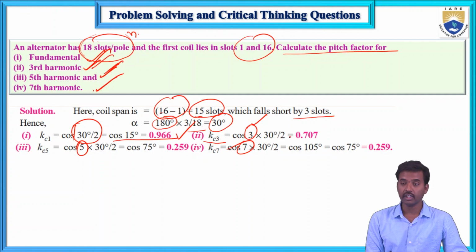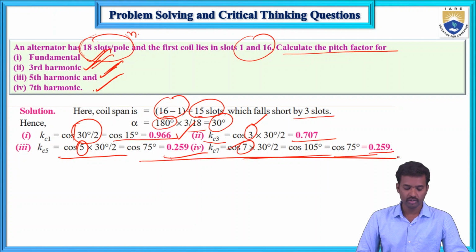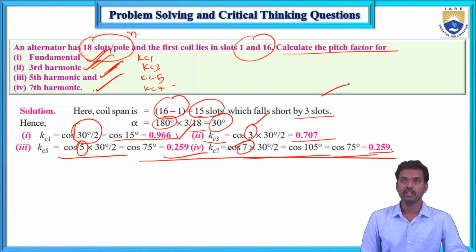So cos 3 into 30 by 2 equals 0.707, cos 5 into 30 by 2 equals cos 75, which equals 0.259, and cos 7 into 30 by 2 equals cos 105, which has the same magnitude, 0.259. Same value for KC5 and KC7. This is KC1 fundamental, KC3 third harmonic, KC5 and KC7. So this is one.